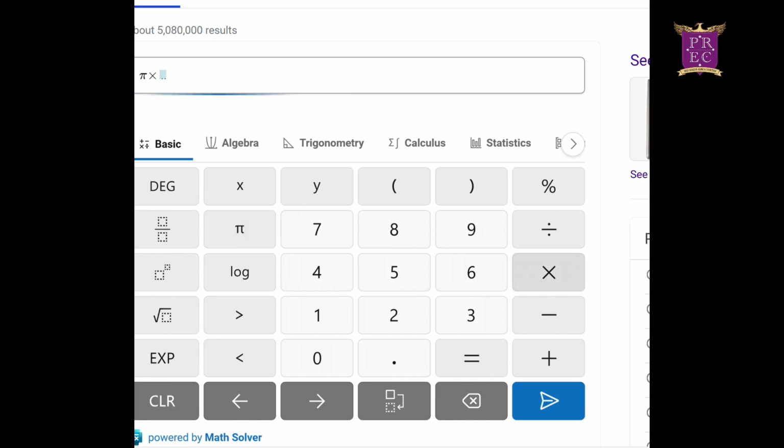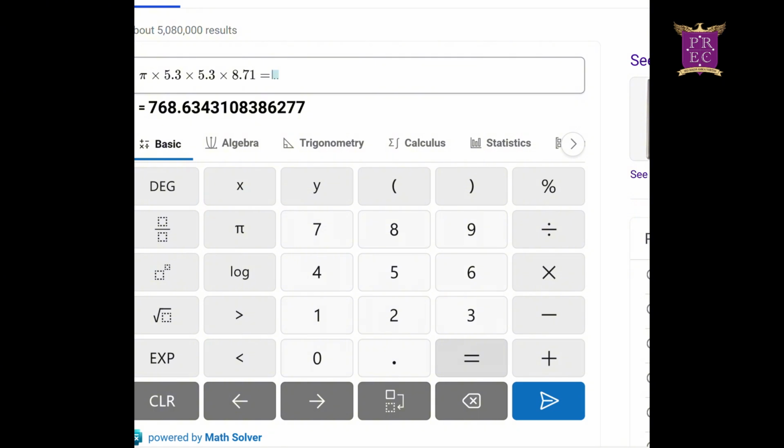Pi times 5.3 squared. Do we have a square here? If we don't, we'll just do 5.3 again, times by the height. We got the height to be 8.71. Let's enter that.